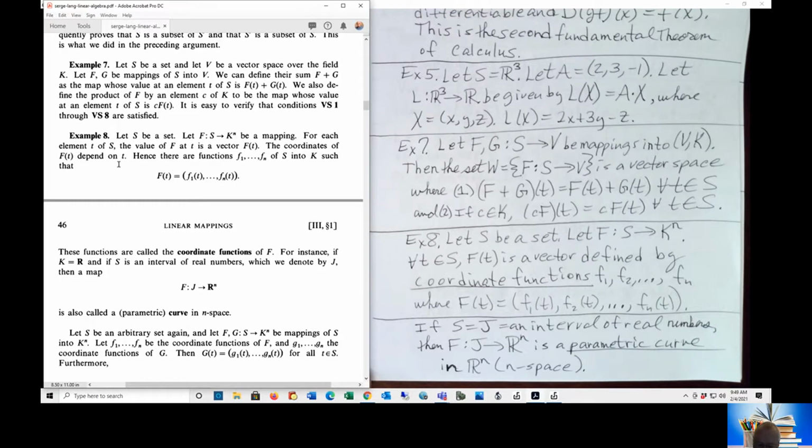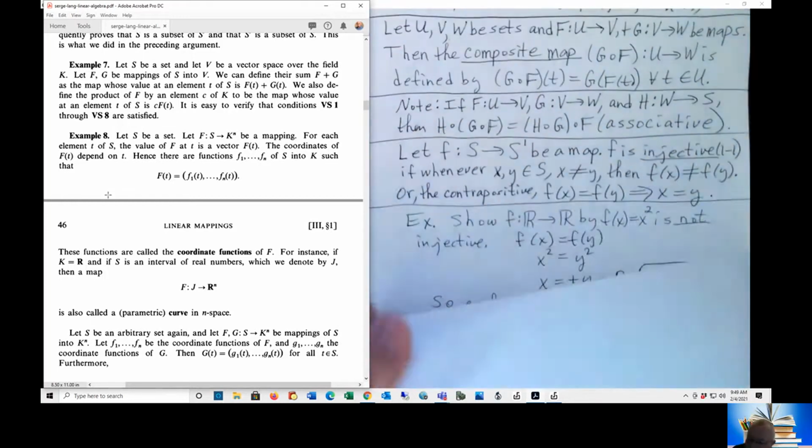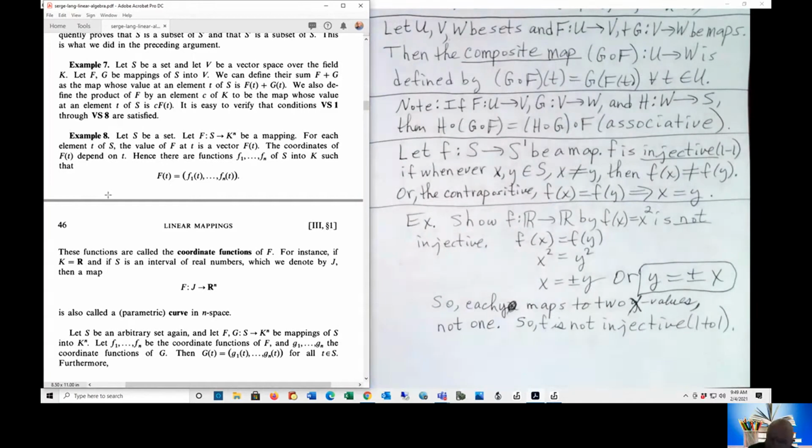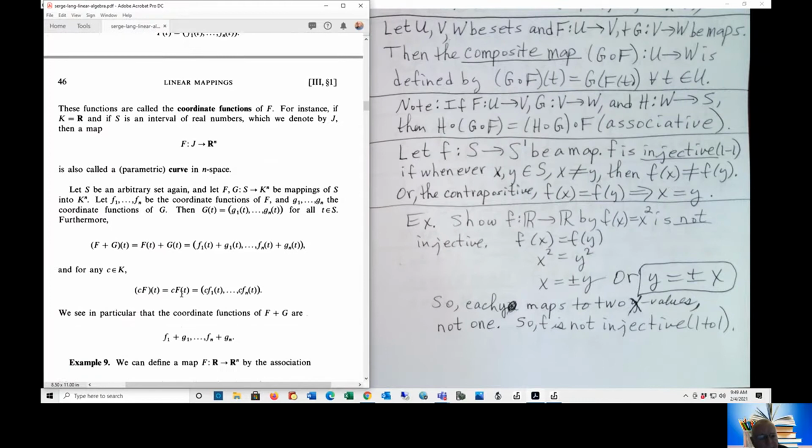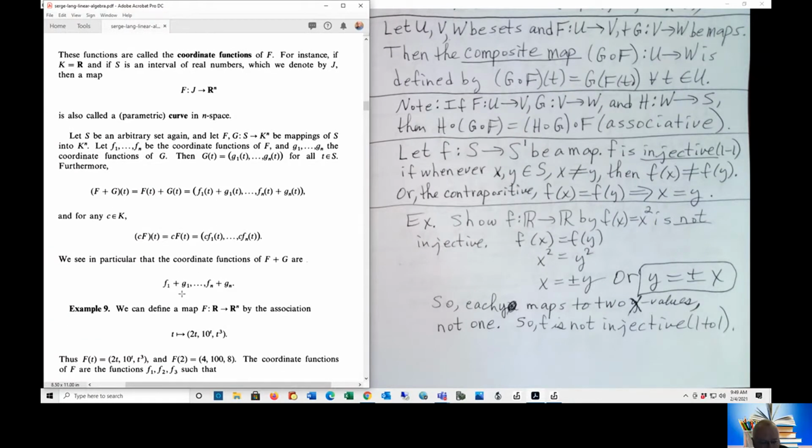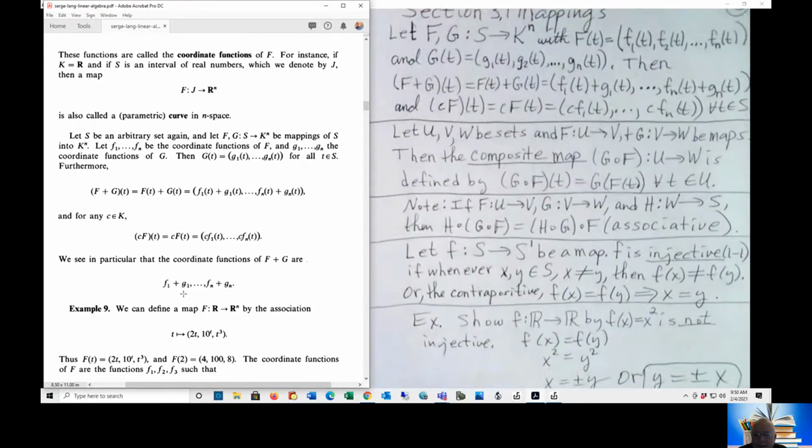But other than that, you probably haven't seen much of them. But it's an important example, especially geometrically. Okay, so next, we're going to see that functions defined by coordinate functions certainly make a vector space. Okay, so let's look next.